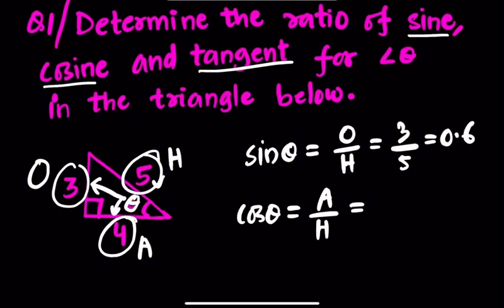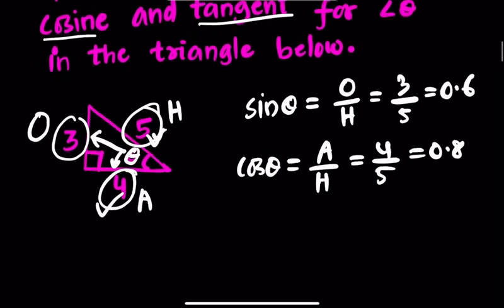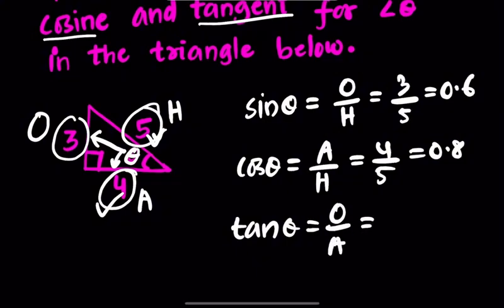So adjacent in this case is 4 and hypotenuse is 5, which equals 0.8. Then tan theta is equal to opposite over adjacent. Opposite in this case is 3 and adjacent is 4. So 3 over 4 equals 0.75.